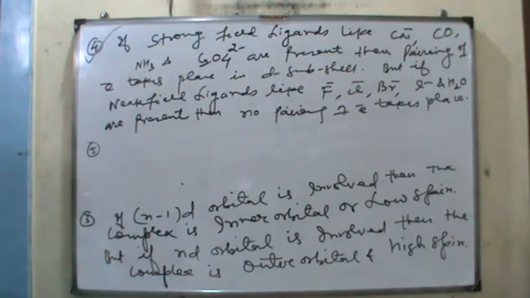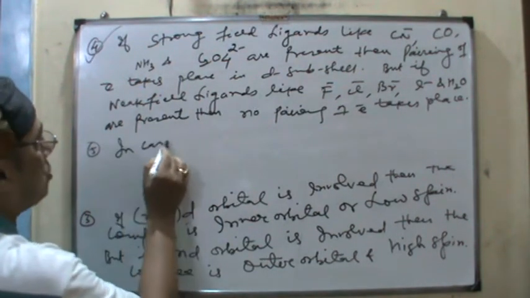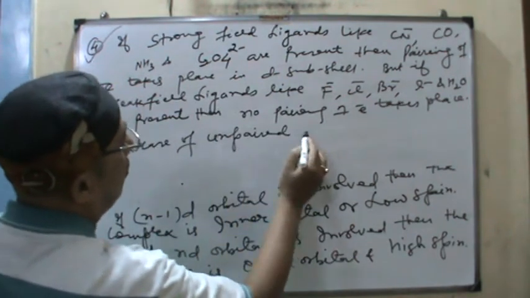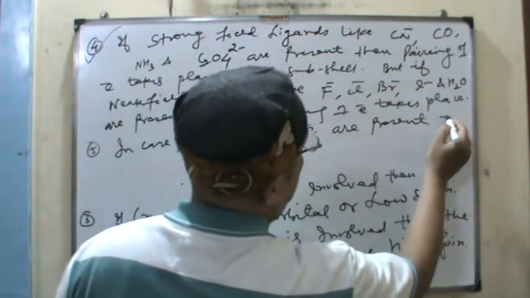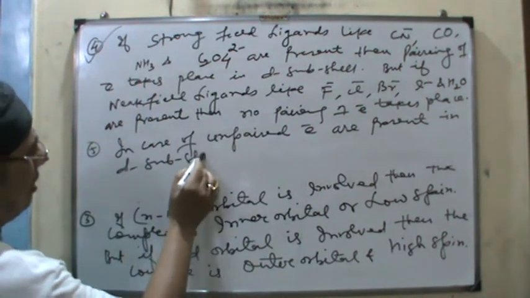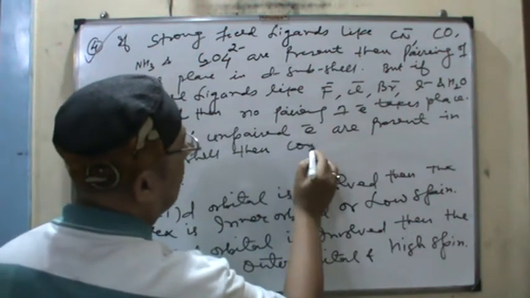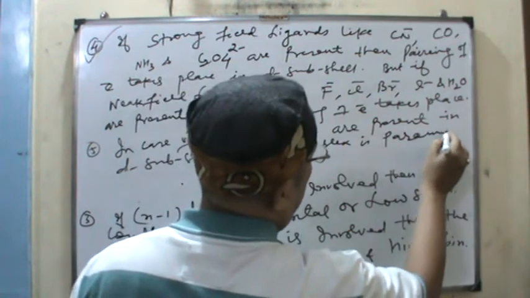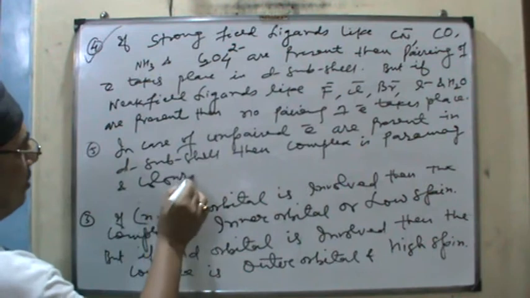And finally, in case unpaired electrons are present in the d subshell, then the complex is paramagnetic and colored.